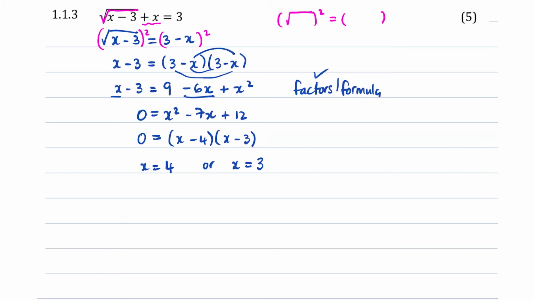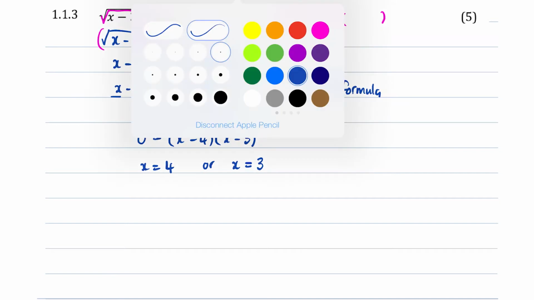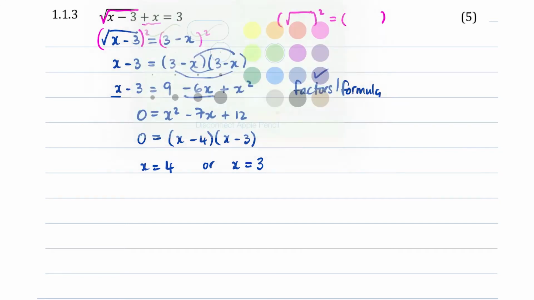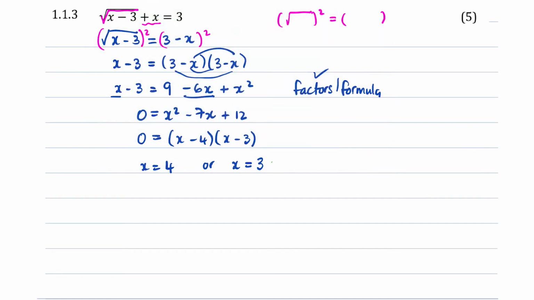Now you may feel like you're done, but we said we need to remember in grade 11 to check both solutions. When we square both sides, we may introduce solutions which are not valid back in the original equation. So if we do a check here, you don't have to show this, but you must do it. Okay, right. Can x equal 4?